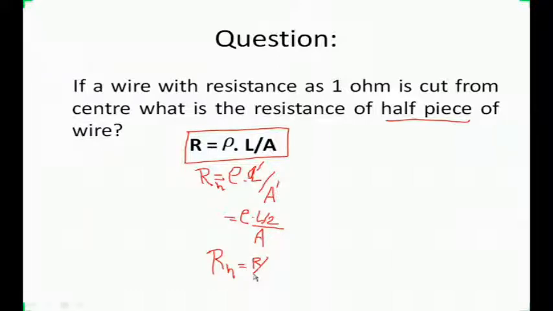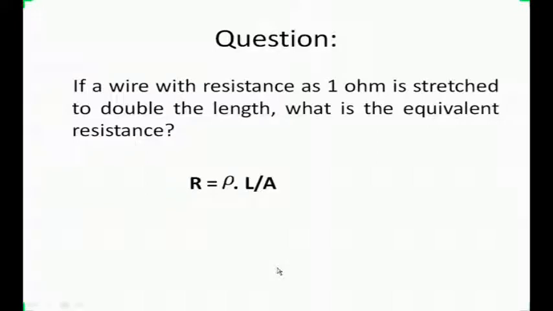So we can note that the new R of half length becomes R by 2, resistance becomes half. So this way we can get a better clarity on resistivity.